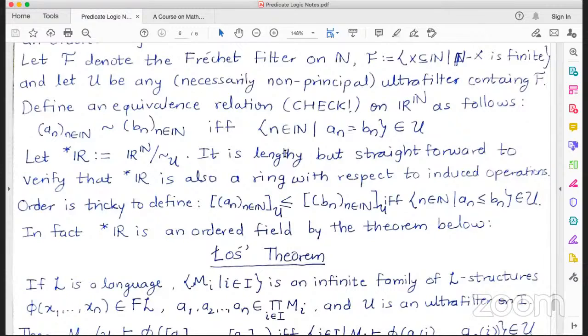You can also have negations of infinitesimals. If epsilon is an infinitesimal, then minus epsilon is also an infinitesimal.